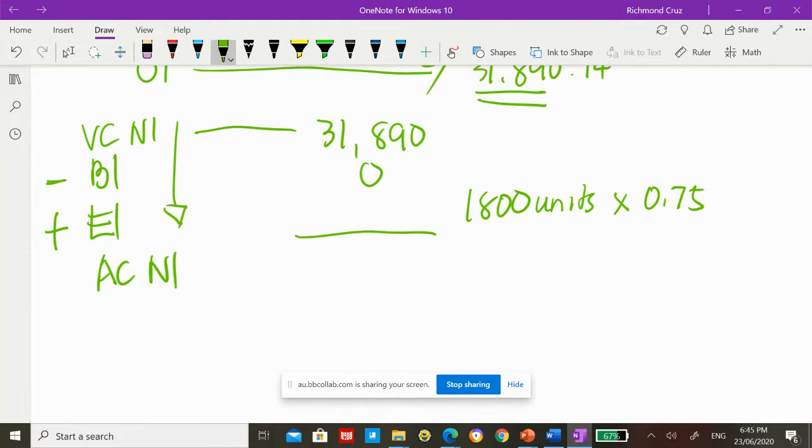Kaya 1,800 times 0.75. So, that will give me 1,350. Sabi ko i-add. So, 31,890 plus 1,350. That will give me 33,240. So, dapat yung absorption costing net income ko is 33,240.